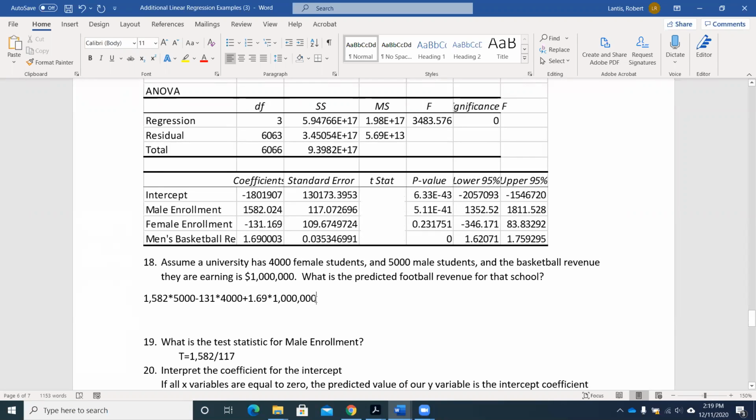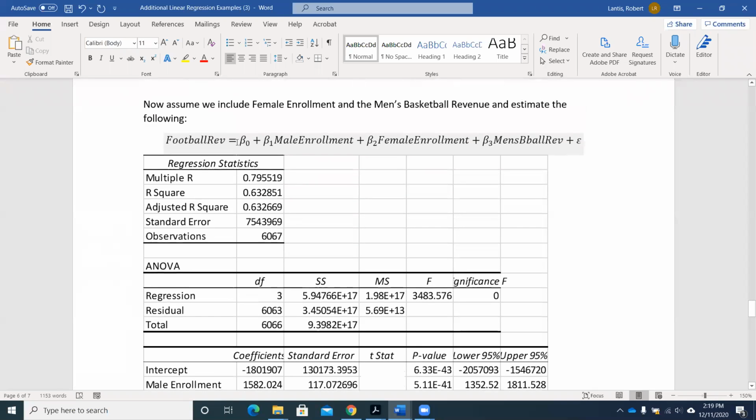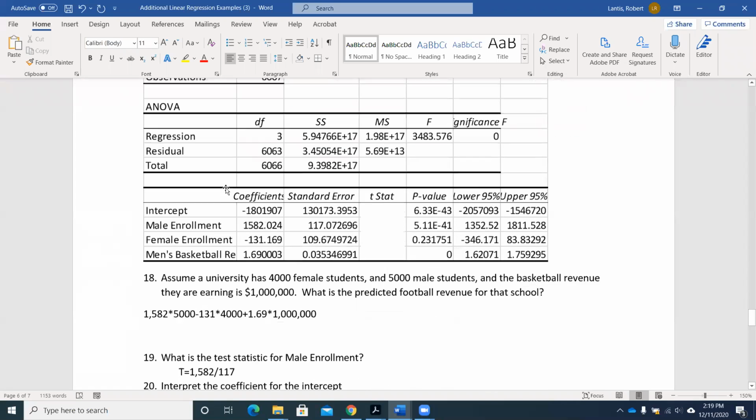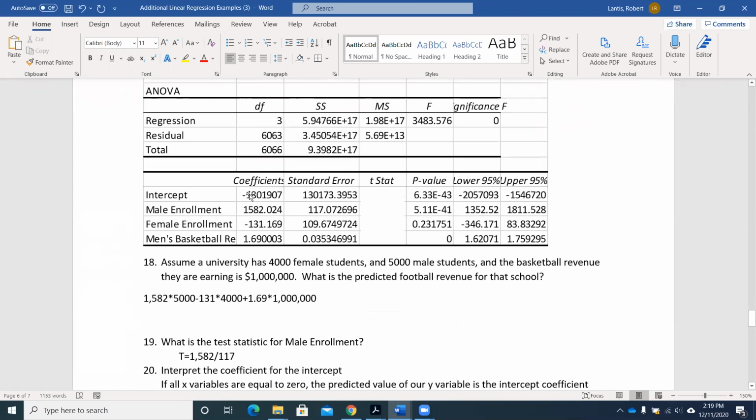This should give me my predicted football revenue, with the exception of one thing I forgot. I still need to add in that intercept, right? Because it's got a negative sign in front of it, we're actually going to be subtracting. I forgot that negative sign. There you go. So here it's just a matter of entering this into my calculator and coming up with that predicted value for y. Okay, so that could be a question I ask.